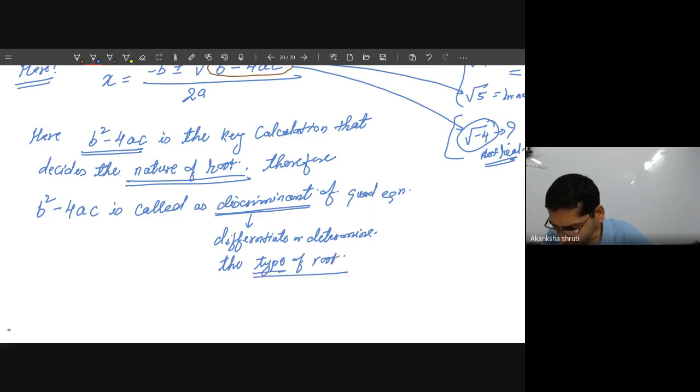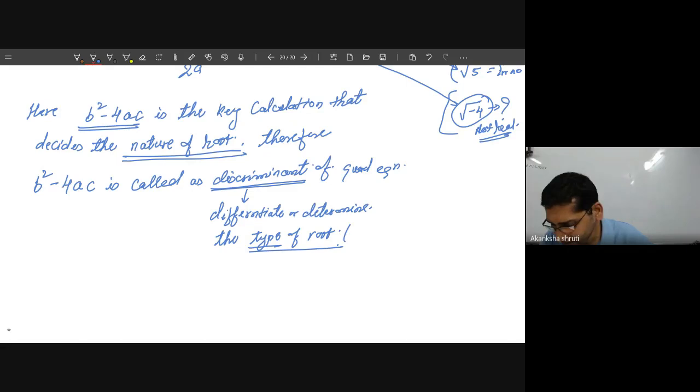So what type of root? This type of root is called the nature of root.